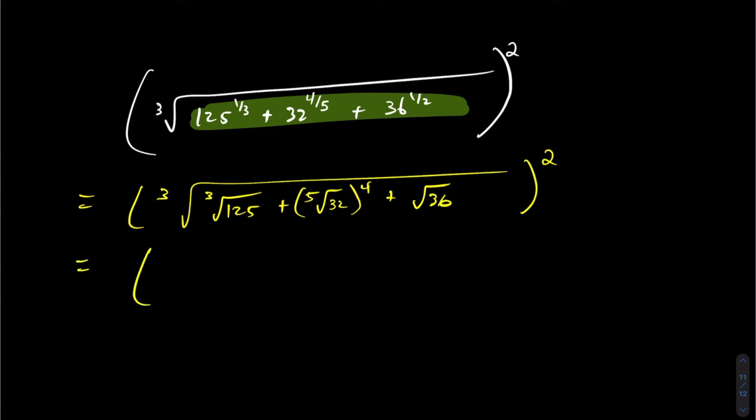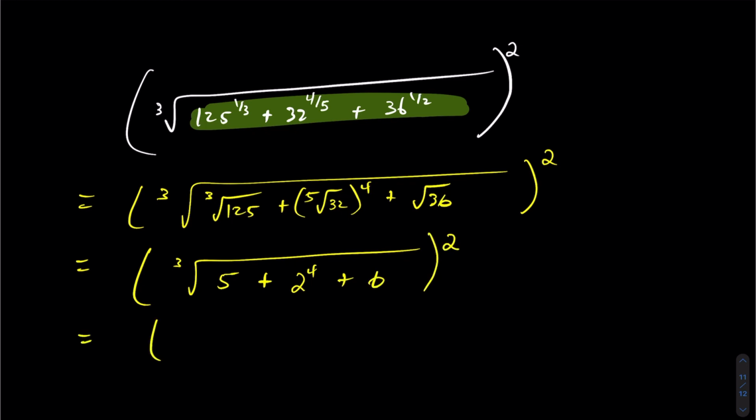So now we're taking the third root of 125, which is 5. Now here, if you take a look, the fifth root of 32 is 2, because 2 to the power of 5 is 32. So this is actually going to be 2 to the power of 4, plus the square root of 36 is 6.